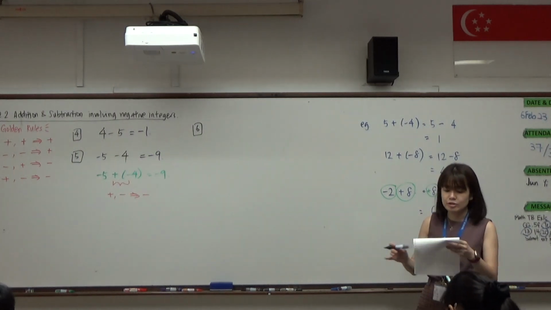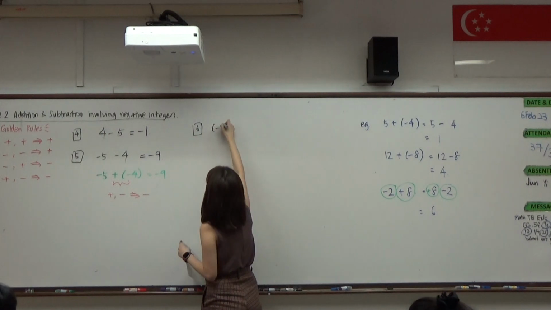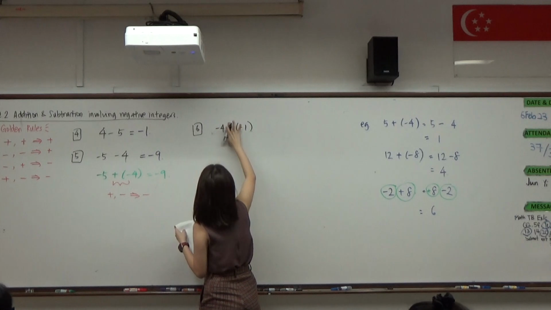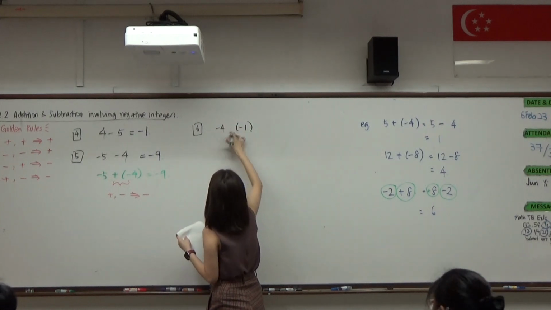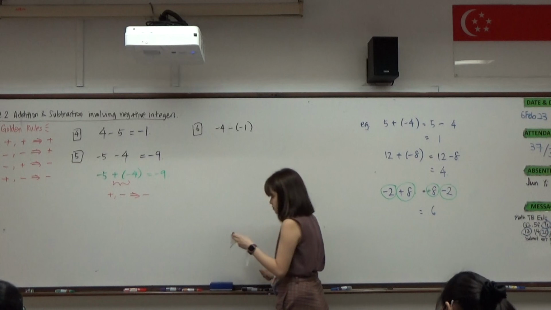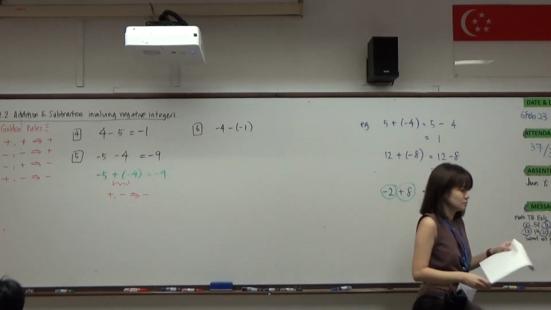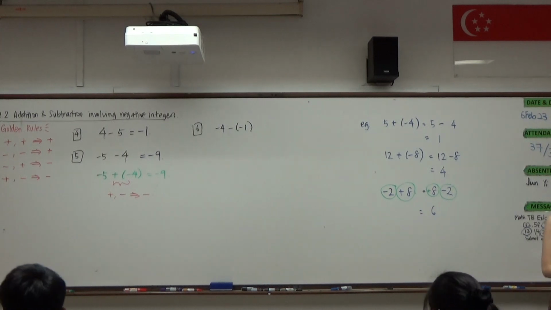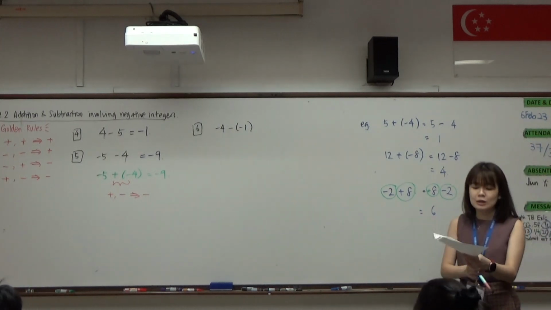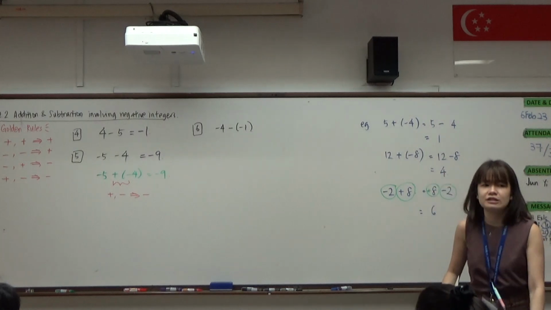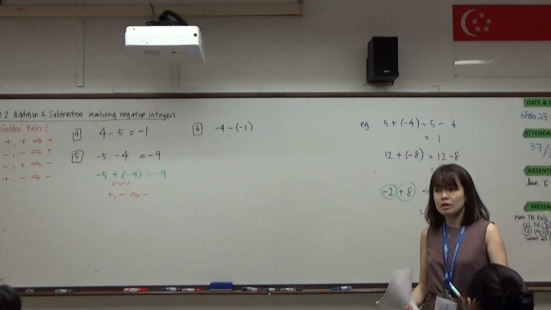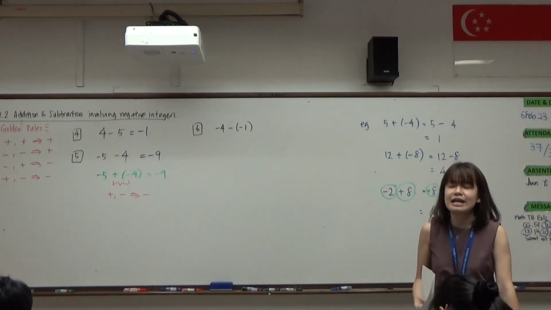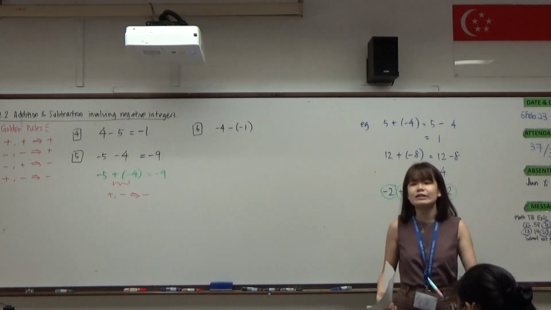Regarding your addition and subtraction, we have -4 minus -1. Let's put this one up. So how do I understand this? For example, I already owe Enqi $4, and then Enqi, being very kind, says never mind, you can pay me $1 less.